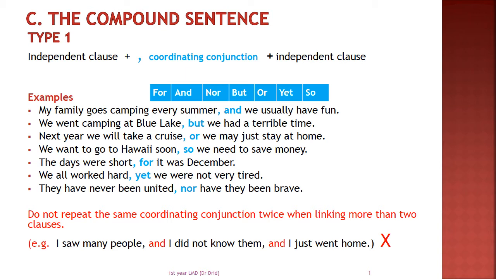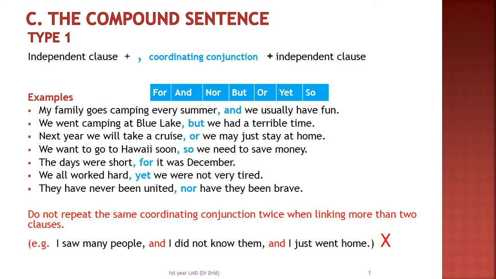Nor means and not. Notice that after nor we use inversion of the subject and the auxiliary. This is the first type of a compound sentence.